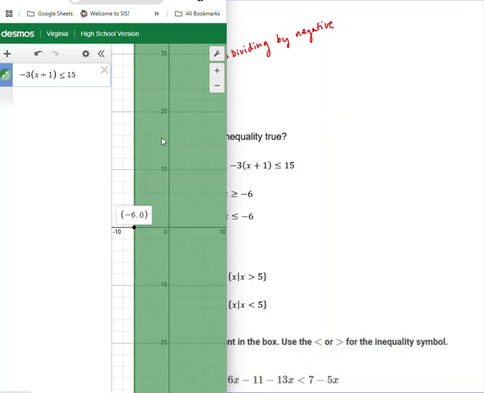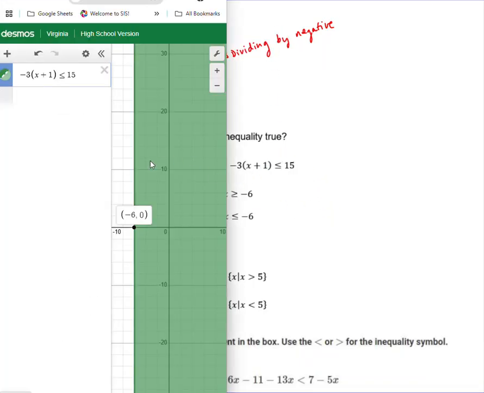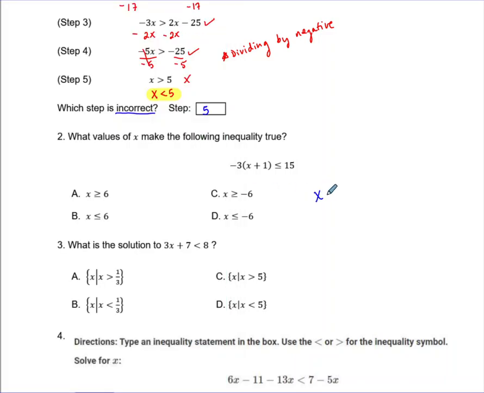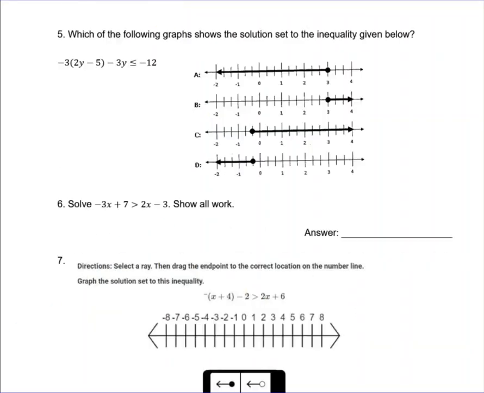So if I write my answer, since it's going off to the right, x is greater than or equal to -6.